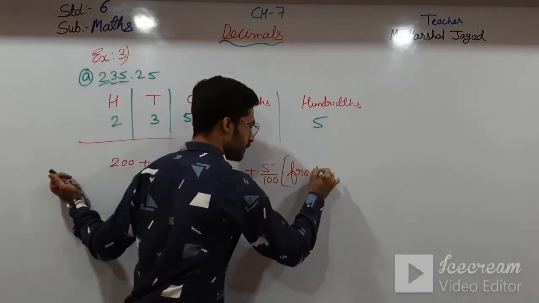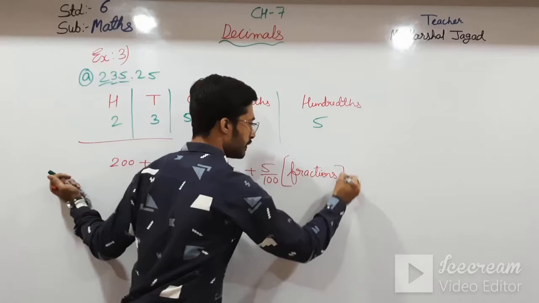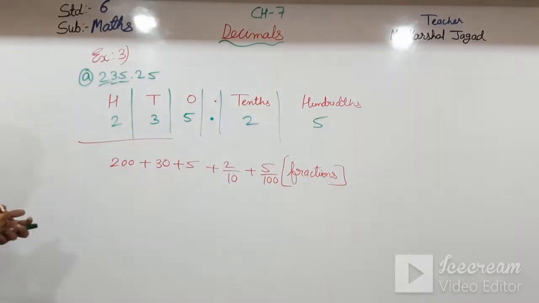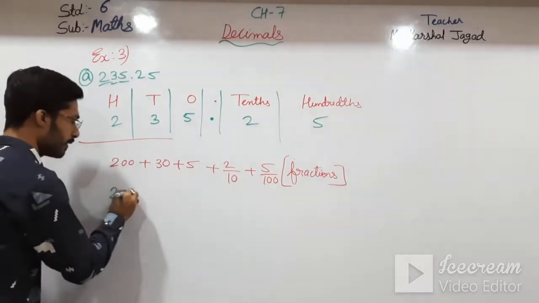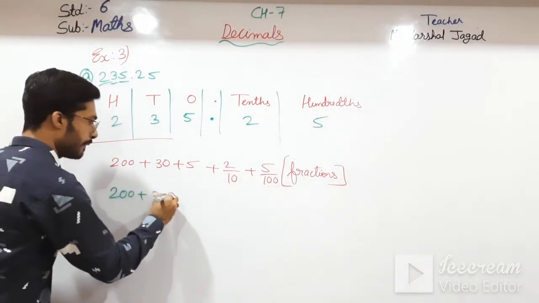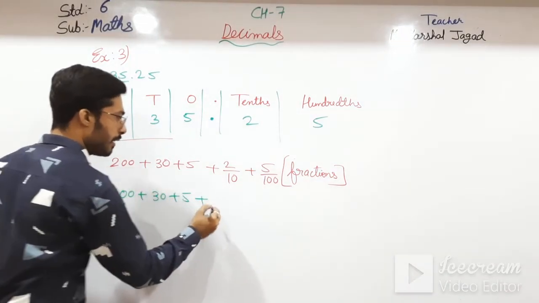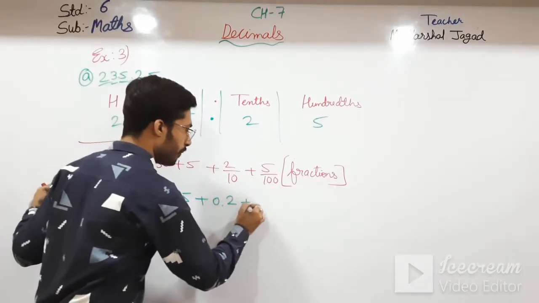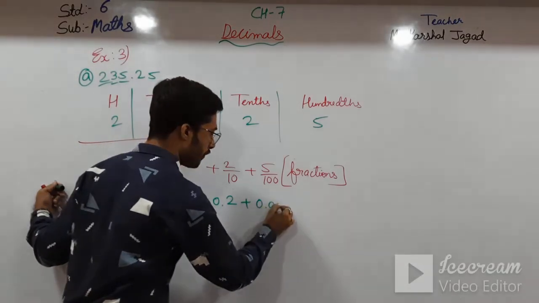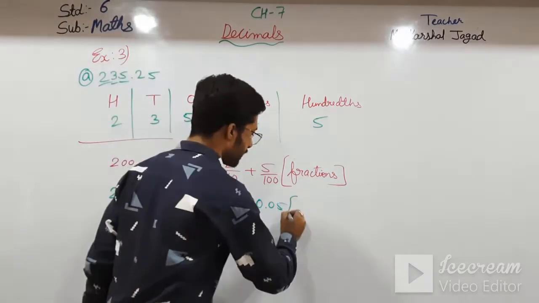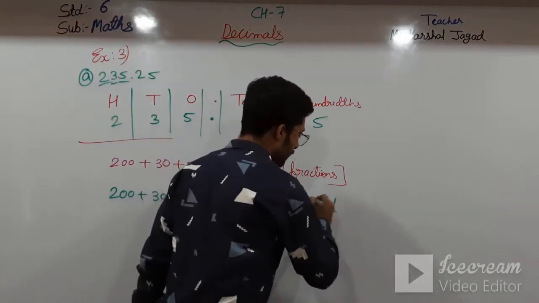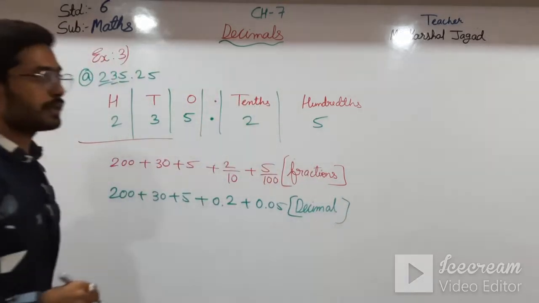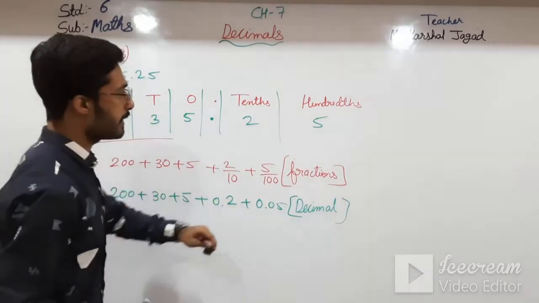And now in the form of decimals: 200 plus 30 plus 5 plus 0.2 plus 0.05. This is fraction expanded and this is decimal expanded.